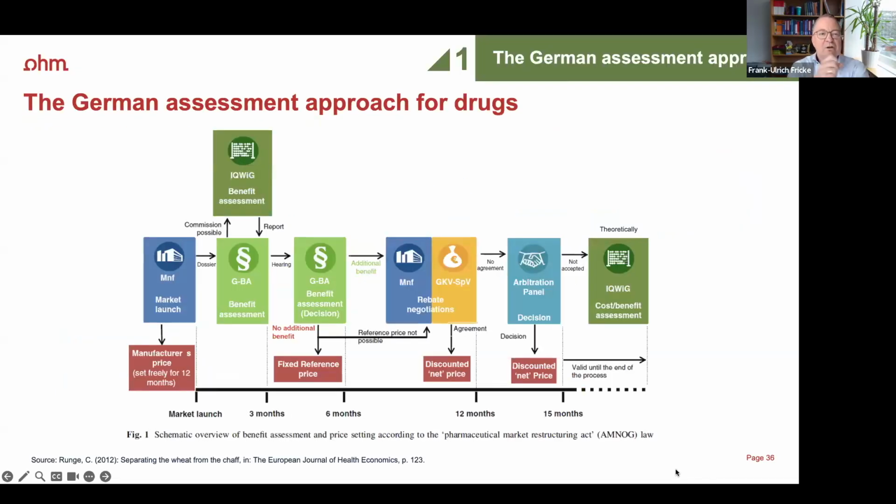So first of all, you are most probably familiar with the German assessment approach, but still, just as a reminder, the first 6 months are a clinical assessment, and based on that clinical assessment, within the second 6 months, there are reimbursement price negotiations with the statutory health insurance. And then if the parties cannot agree, then finally there will be an arbitration.